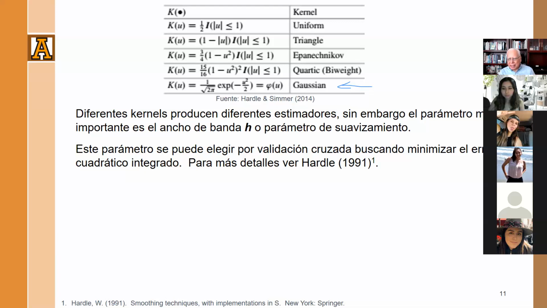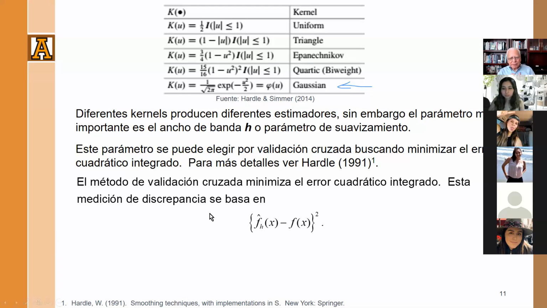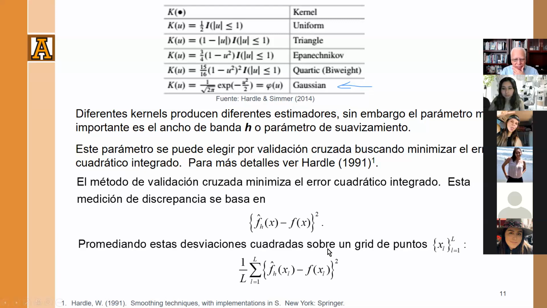What you do is minimize the squared error of the estimate minus the real density, the real PDF. Of course, we do not know the real PDF, so cross-validation works by resampling to get an estimate of this squared error, and that's how h is chosen.